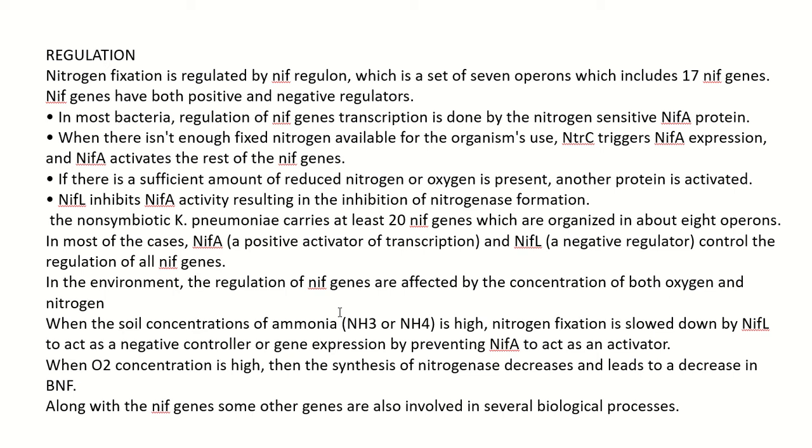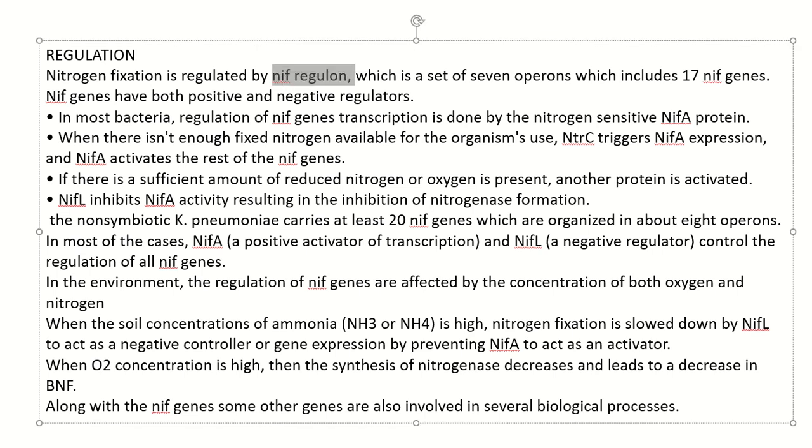So nitrogen fixation is regulated by the Nif regulon. Now another word you have to remember: operon and regulon. This Nif regulon is a set of how many? Seven operons, which include 17 Nif genes.